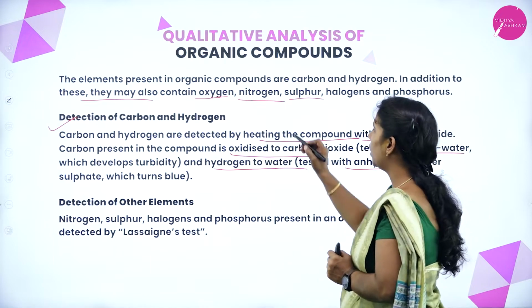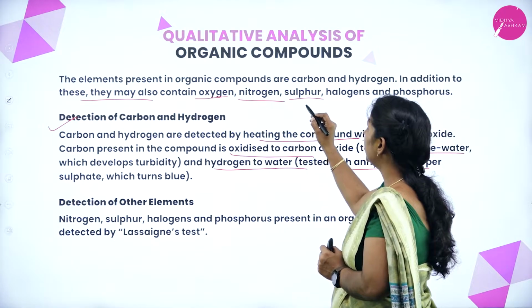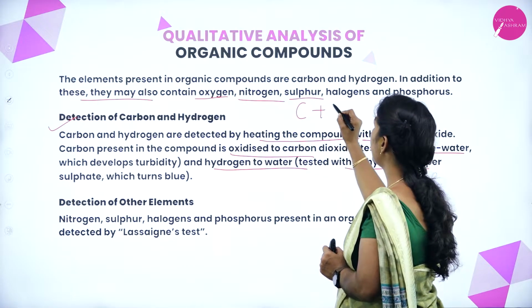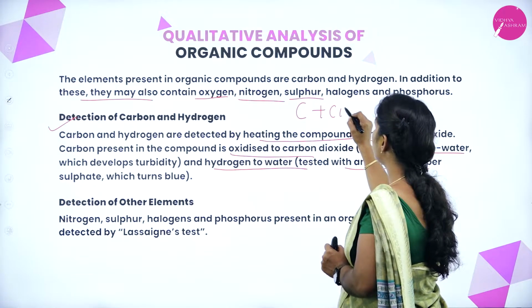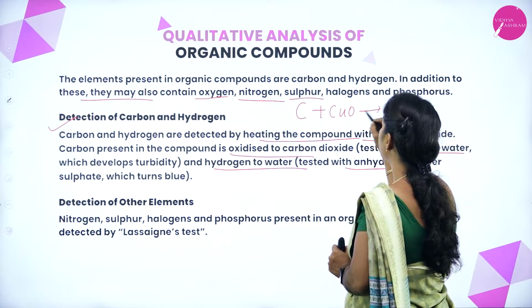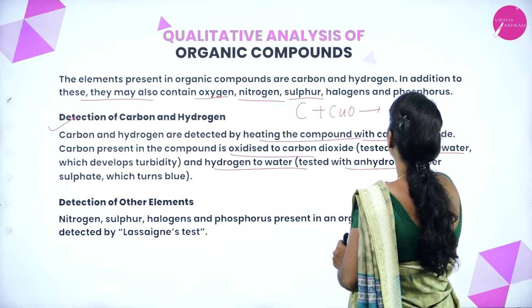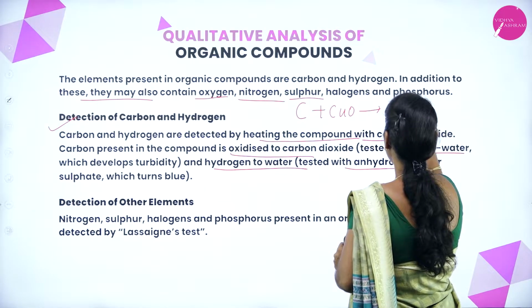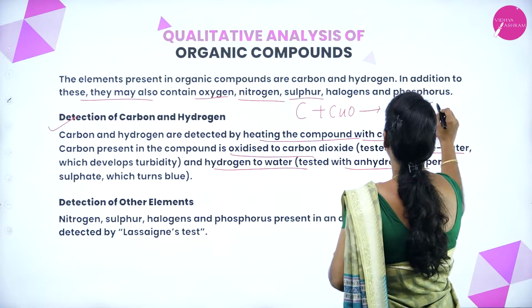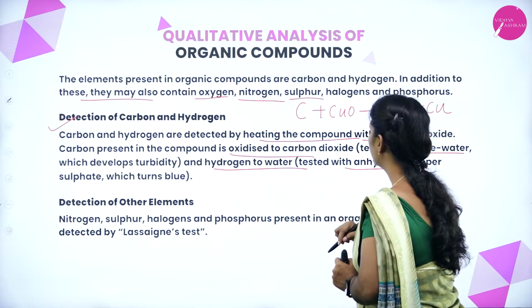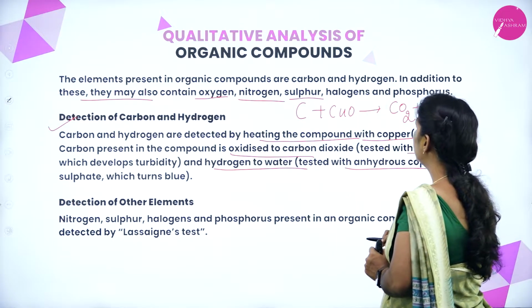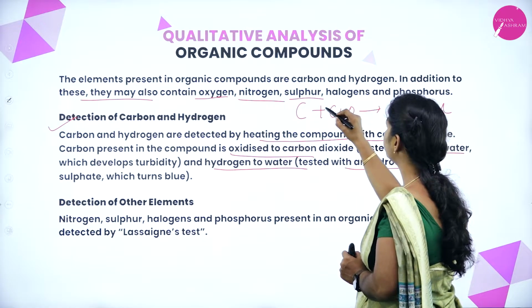So, now you have organic compounds which are containing what? Carbon. If it reacts with cupric oxide, what does it form? It forms carbon dioxide, and it liberates copper. Okay. So, this is a thing that you must know.